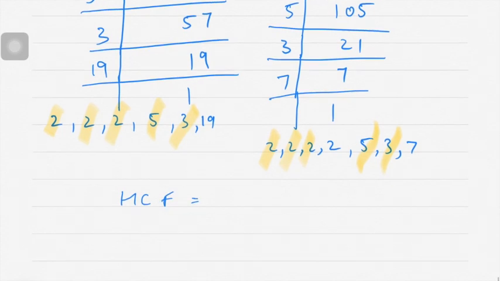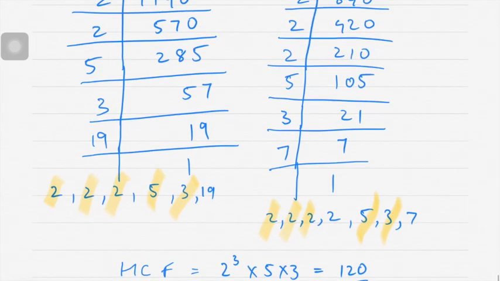So HCF will be 2 raised to 3 into 5 into 3. So when you calculate this, it comes to 120. Okay. So the required number is 120. 120 is the answer.